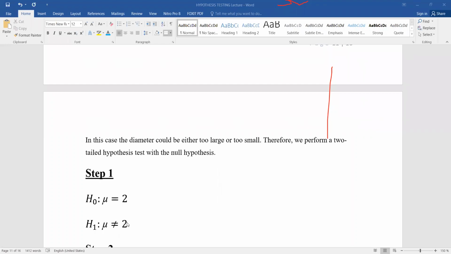Are we okay with that bit? We don't say less than, we say not equal to. The alternative is not equal to because it has some little bit of adjustment.